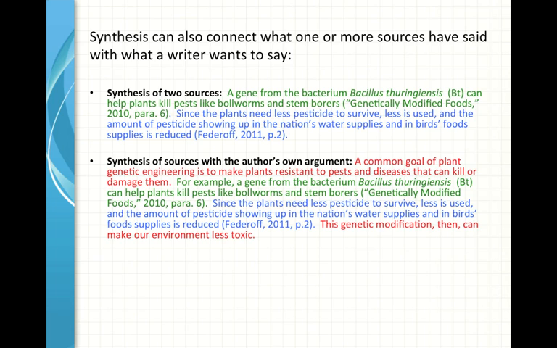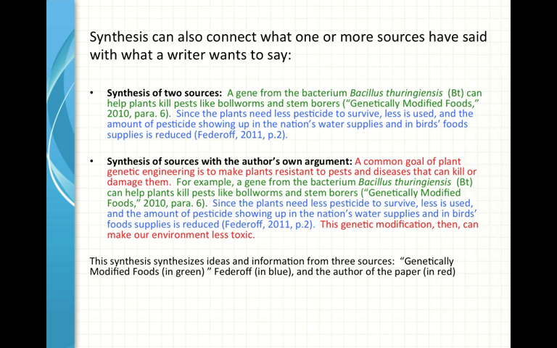Since the plants need less pesticide to survive, less is used, and the amount of pesticides showing up in the nation's water supplies and in birds' food supplies is reduced. This genetic modification, then, can make our environment less toxic. The synthesis synthesizes ideas and information from three sources, genetically modified foods in green, Fedorov in blue, and the author of the paper, me, in red.